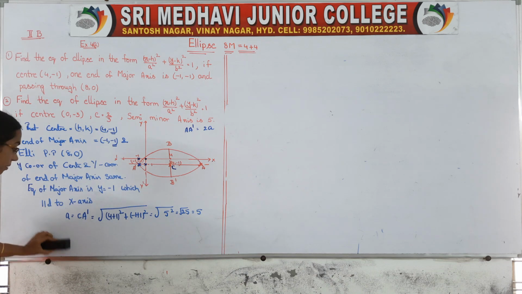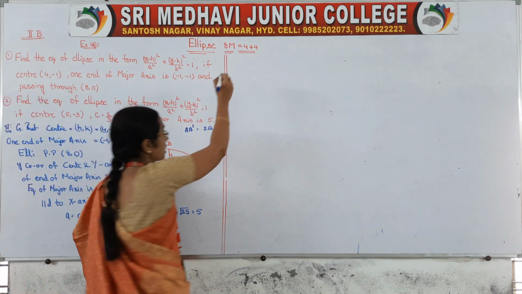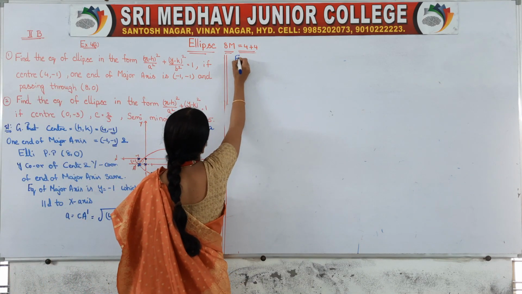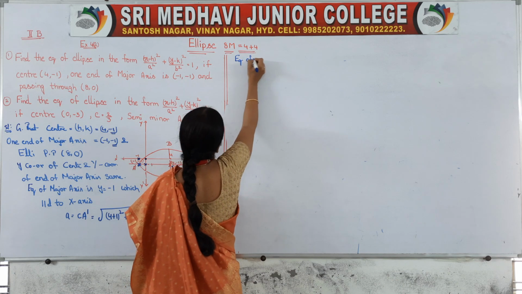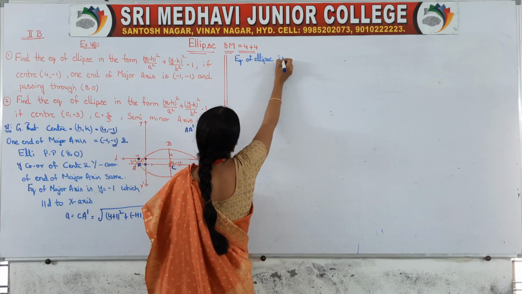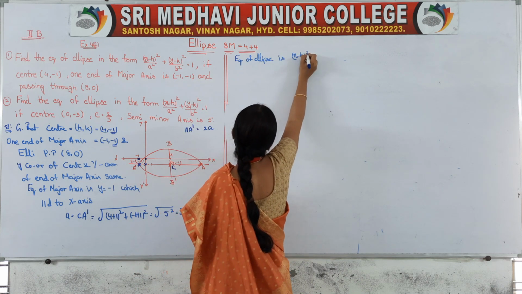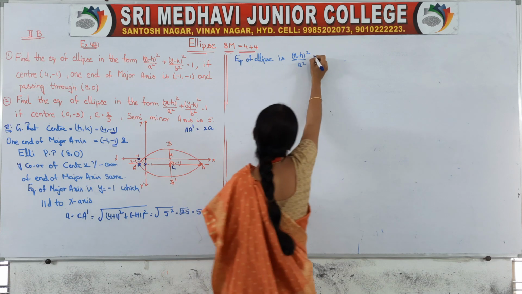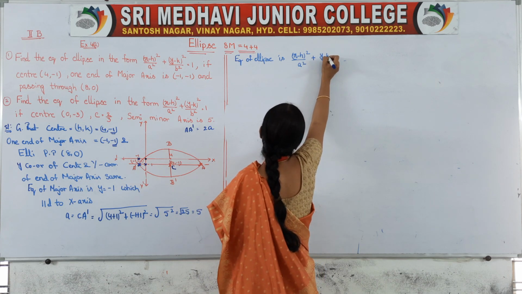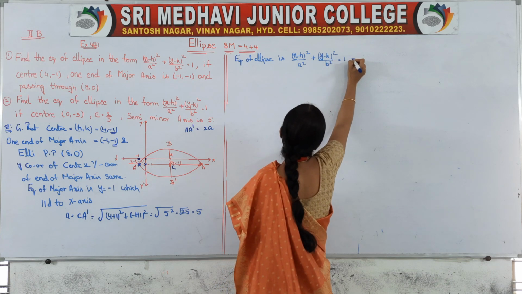Now we have to find B. How will we find B? By using this condition: the ellipse passes through 8 comma 0. So first write down your equation of ellipse. It is given in the form x minus h whole square by a square plus y minus k whole square by b square is equal to 1.